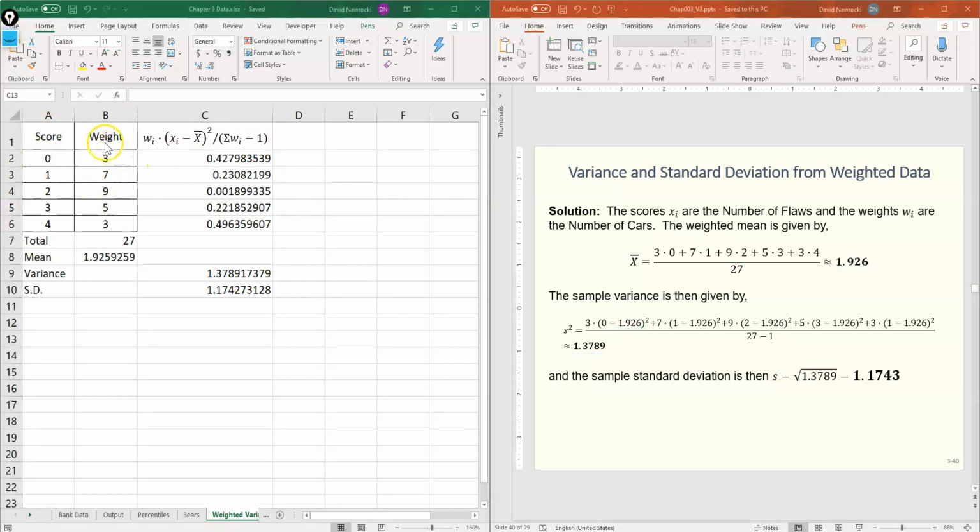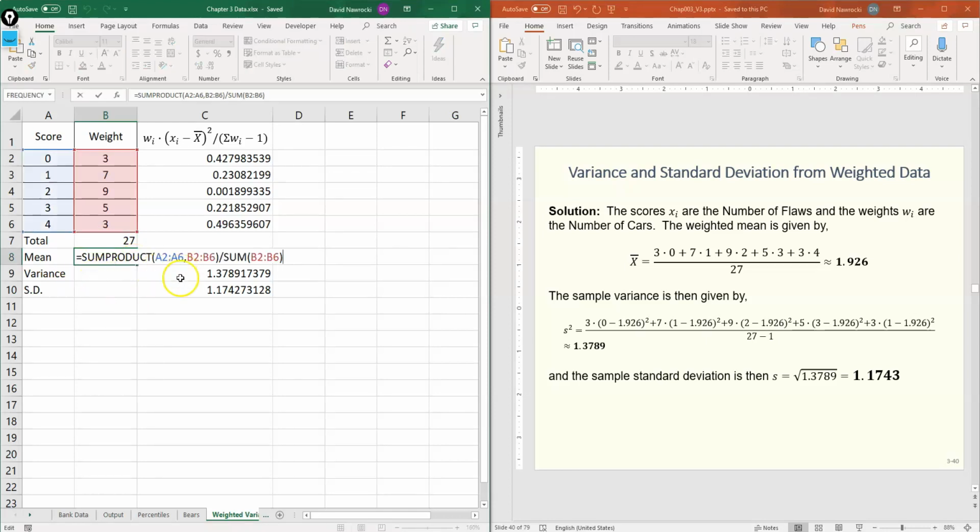So what you want to do is create a table of your scores. Right here we have the first column, we have our scores. Right here are the weights. Now the first thing we need to do is calculate the mean. Okay, so right here is our weighted mean, and the way we did that is we used the sum product.